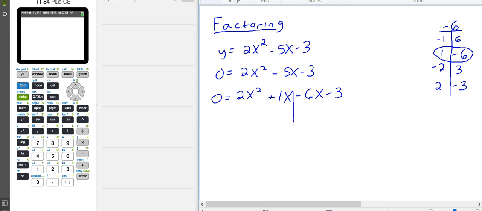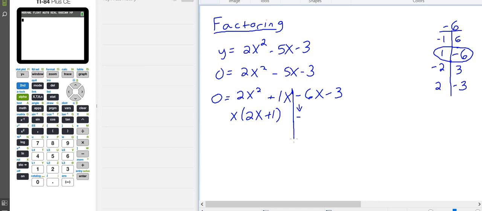We're going to divide this equation in the middle and use GCF to factor both sides of the equation. The GCF on the left-hand side is x. If we divide 2x squared by x, we're left with 2x. If we divide 1x by x, we're left with 1. For the GCF, we bring down the sign before the first number on the right-hand side.